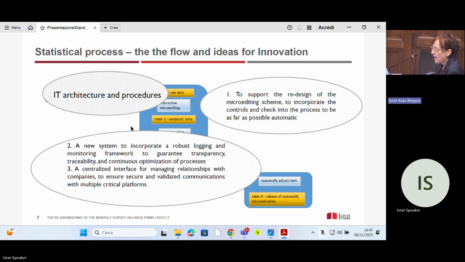Then they had to handle a lot of other problems, like creating a new system to incorporate a robust logging and monitoring framework to guarantee transparency, traceability, and continuous optimization of the process, and building a centralized interface for managing relationships with companies and ensuring secure and validated communication with multiple platforms.